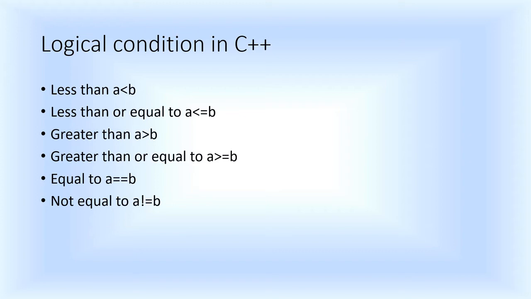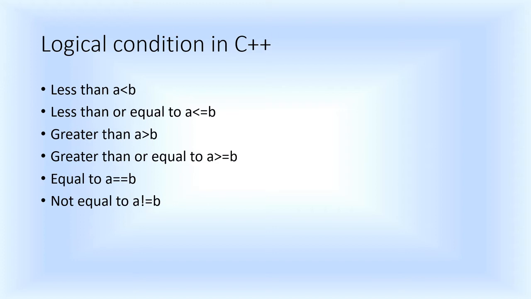Next condition, less than or equal to. A is less than or equal to B. Third, greater than. A is greater than B. Greater than or equal to. A is greater than or equal to B. Equal to.